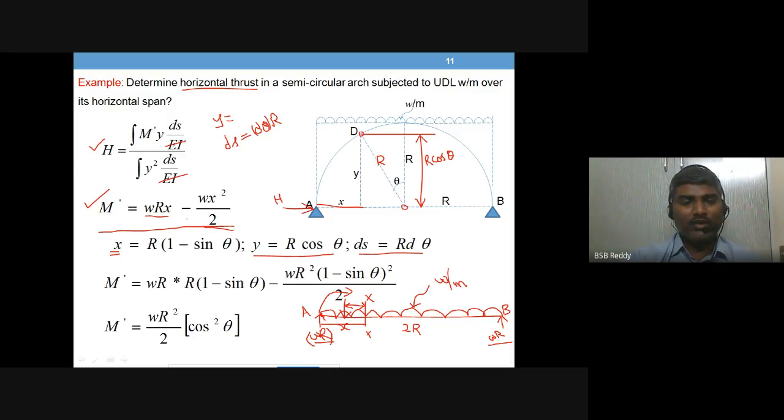You have already practiced very much writing Mx moment at a section in beams extensively in your strength of materials chapter, right? In that syllabus you have now well practiced with this. So I just to remind you how you write Mx from beam.